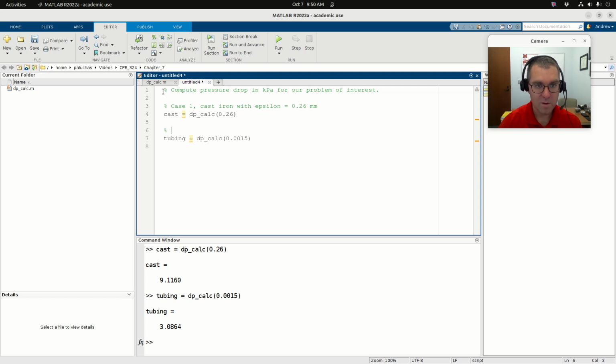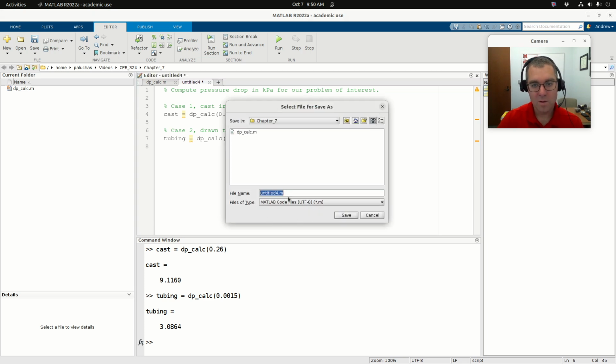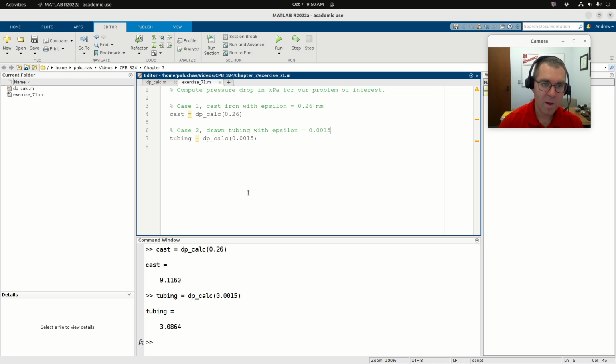And maybe this is case 2, drawn tubing with epsilon equal to 0.0015. So now I just have a script. I'll call it 7.1. Bam.